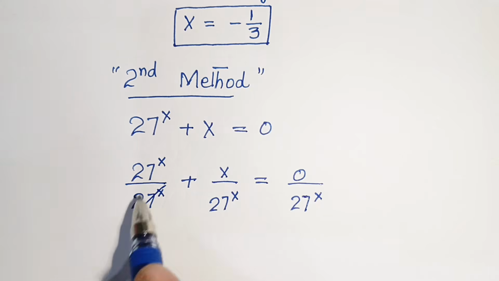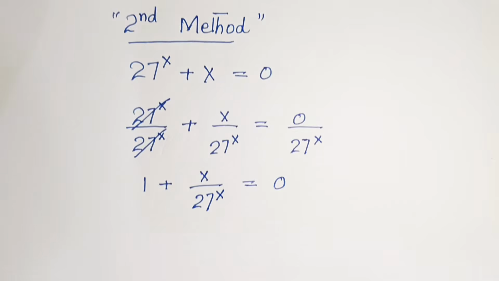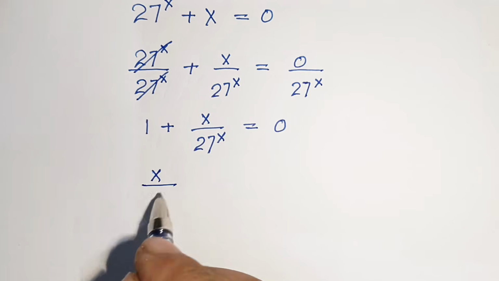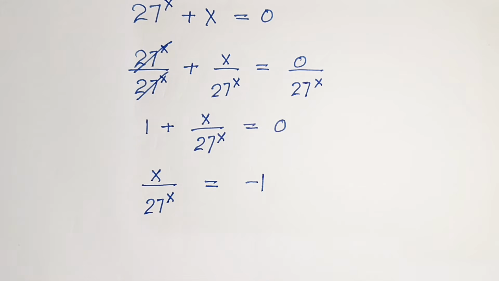Now this 27 to the power x is cancelled out with 27 to the power x, we get 1. And here we have plus x over 27 to the power x is equal to 0. Now shifting this positive 1 to our right hand side, we get x over 27 to the power x is equal to minus 1.